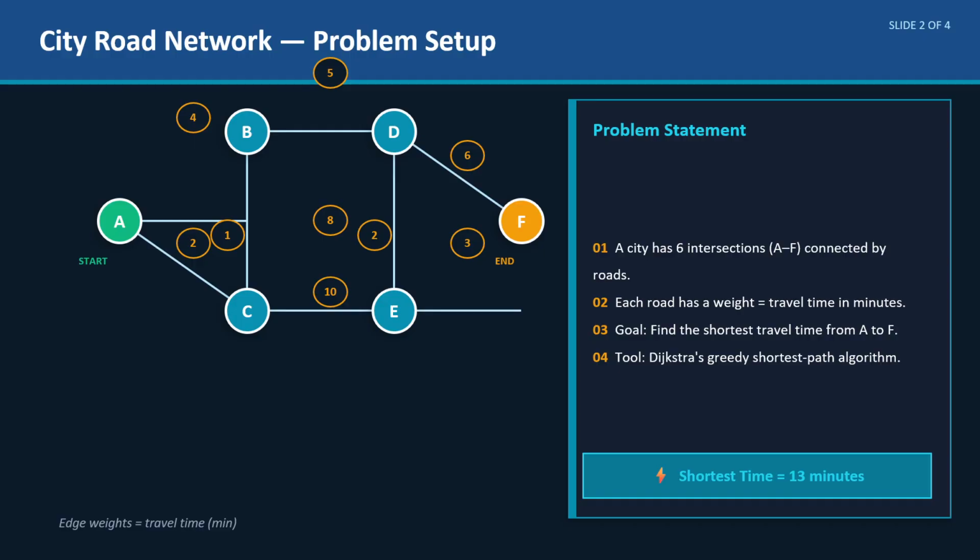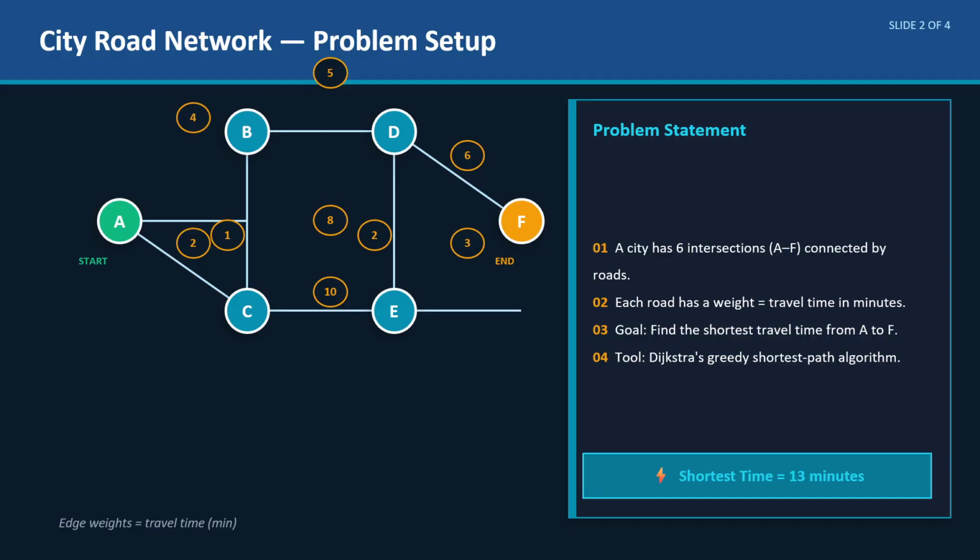I will show that in code. Each cell G of i, j, which means graph of rows and columns, stores the travel time between node i and node j. 0 means no directed road exists between those two nodes.